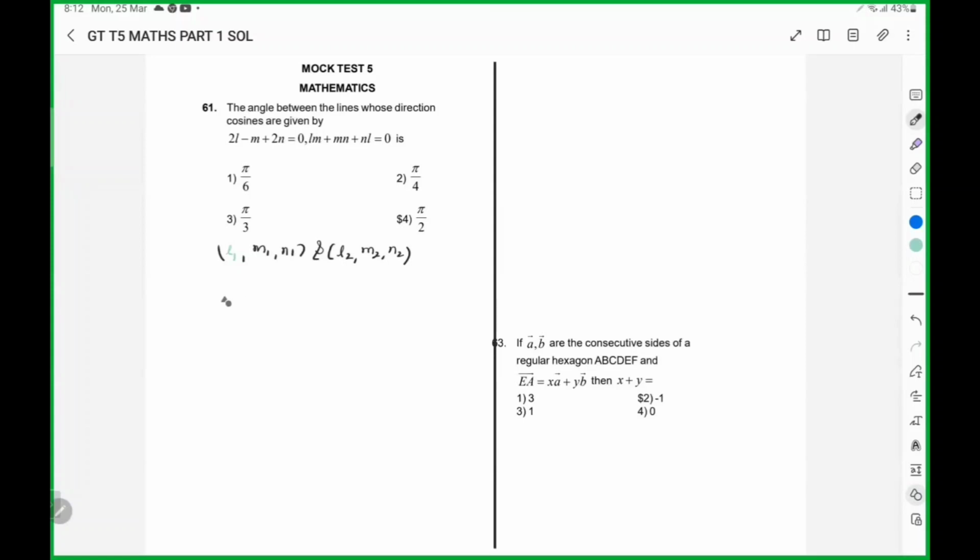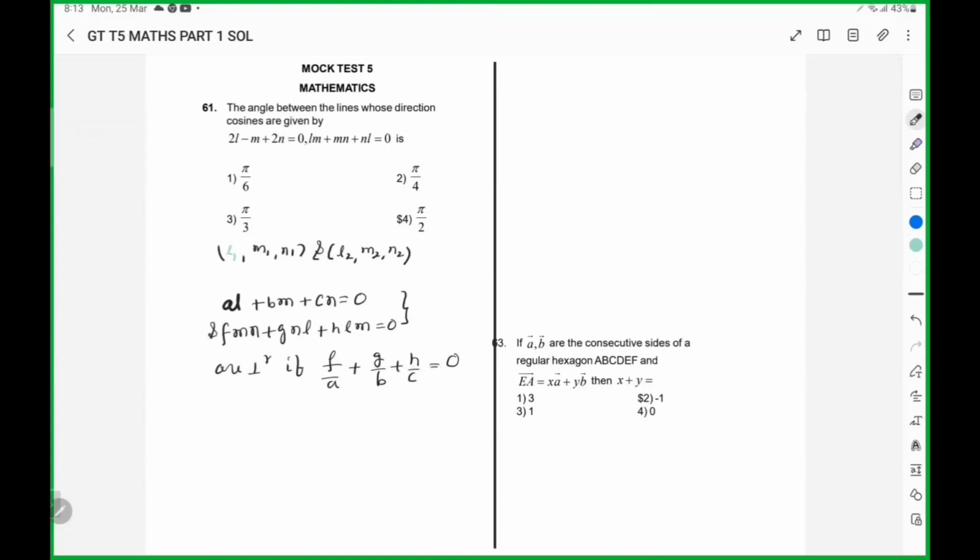The straight lines determined by the relation al + bm + cn = 0 and fmn + gnl + hlm = 0 are perpendicular if f/a + g/b + h/c = 0.